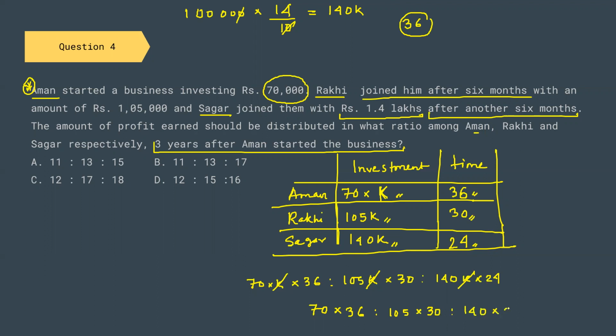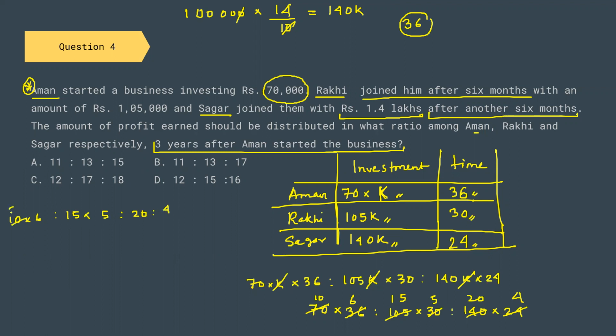Now, this is 10 if we divide it by 7. This is 15, and this is 20. This is 6, this is 5, and this is 4. So the new ratio is 10 into 6 is to 15 into 5 is to 20 into 4.